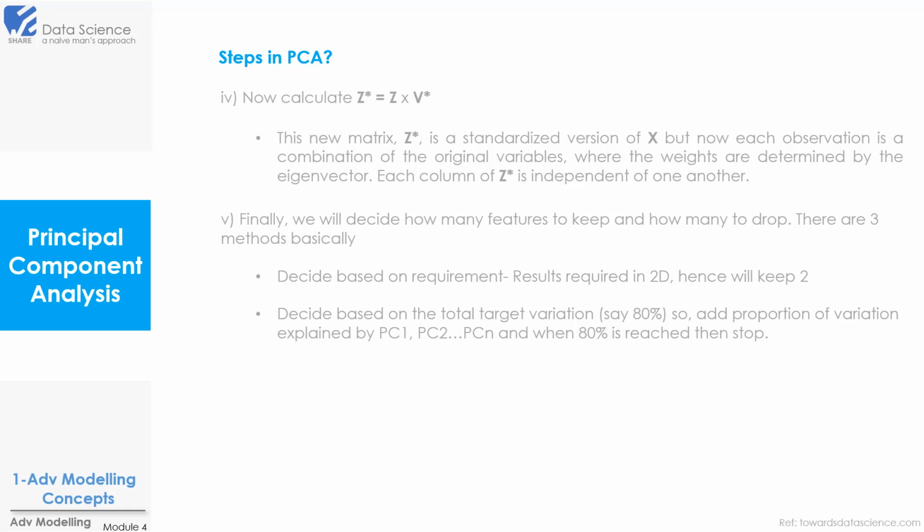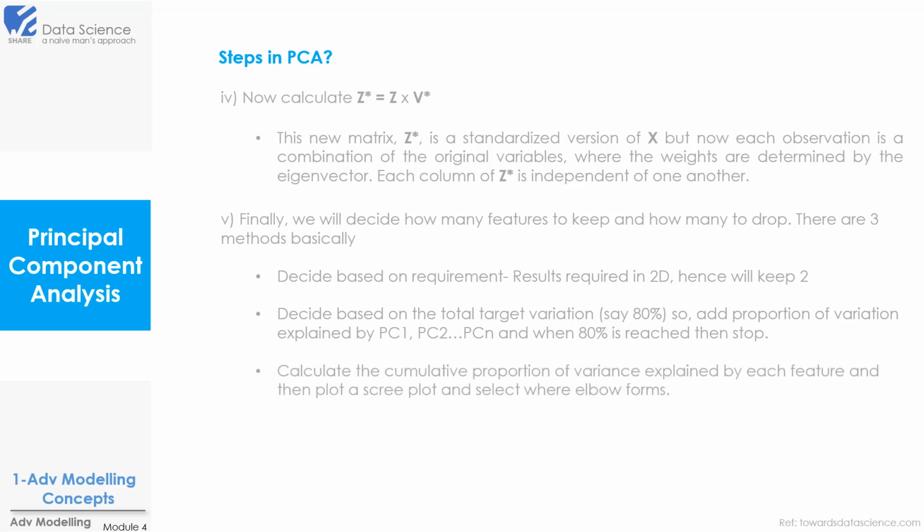So add the proportion of variation explained by PC1, PC2, PC3 up to PCn, and when 80% is reached, stop and select that number of principal components. Or calculate the cumulative proportion of variance explained by each feature, plot a scree plot and select where the elbow forms. So this is how you can select the number of principal components.